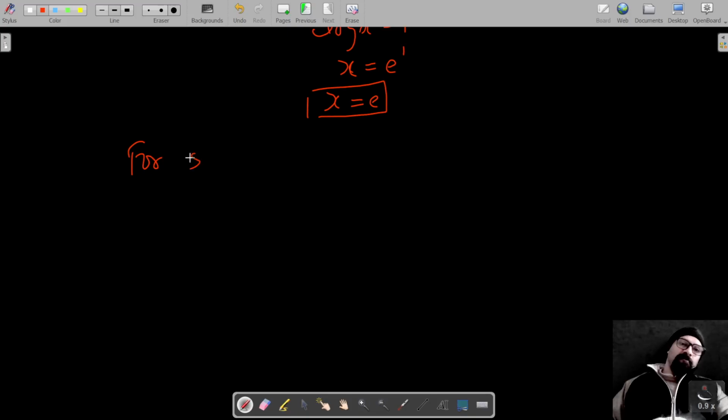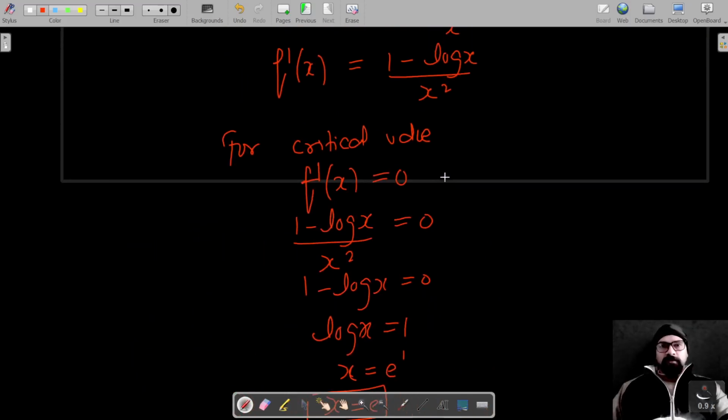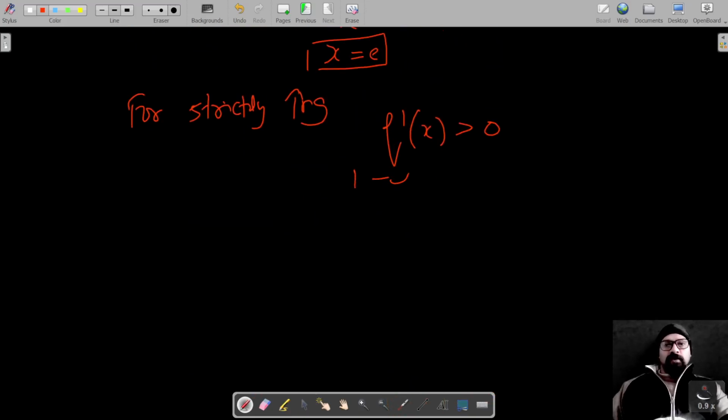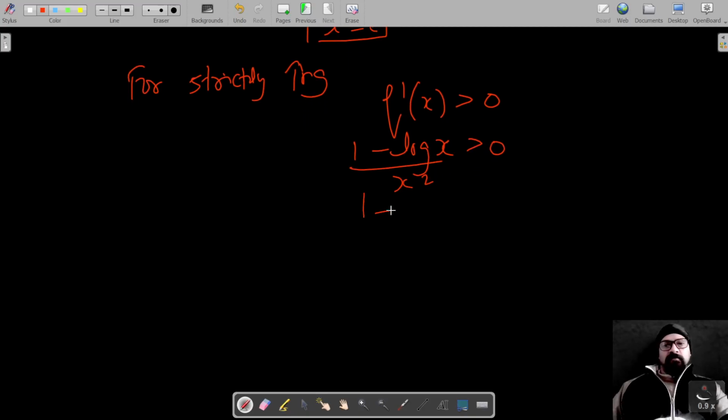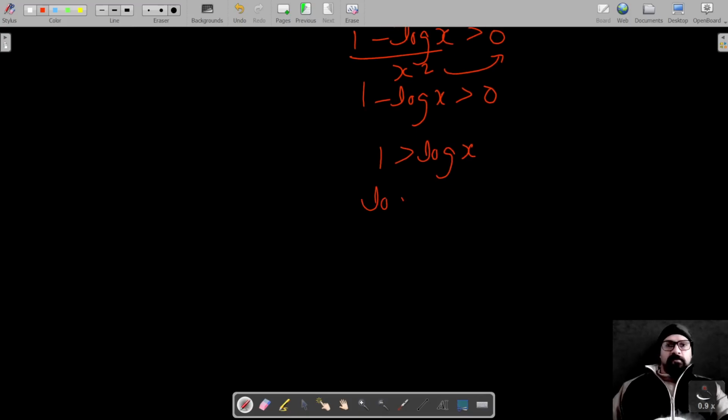Now let's find out the interval in which this function is strictly increasing. For a strictly increasing function, f dash x should be greater than 0. So 1 minus log x upon x squared should be greater than 0. So 1 minus log x is greater than 0. If we take this to the right hand side, this gives us 1 is greater than log x, or log x is less than 1, or x is less than e.